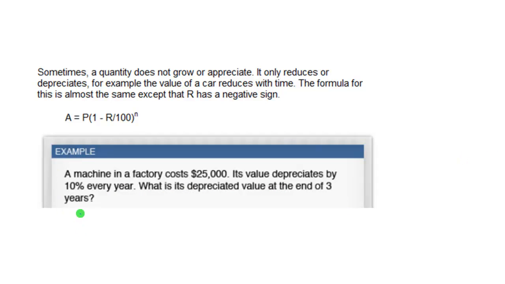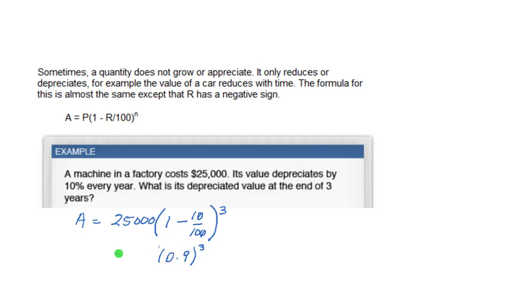So your original amount is $25,000. That takes the place of your principal. Now you need a subtraction sign here because you're depreciating, and it's 10%. We're looking at 3 years. So here, again, we have 1/10. Be careful, because here it's 1 minus 0.1, which is 0.9, 9 over 10.